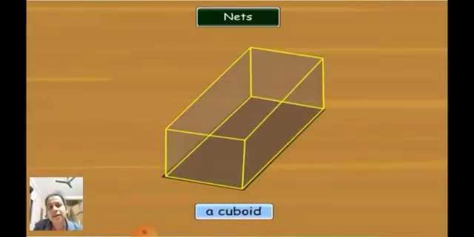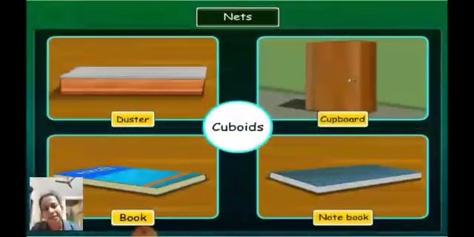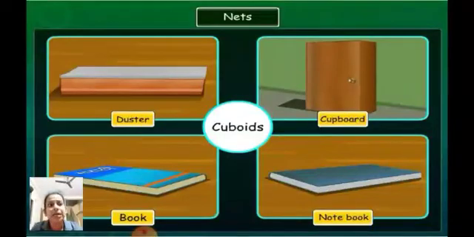This is a three-dimensional shape, and such a shape made out of rectangles is called a cuboid. Remember, the 3D object you can see here, made out of rectangles, is called a cuboid. There are various examples of a cuboid. A duster is a cuboid. A cupboard in your house is a cuboid.